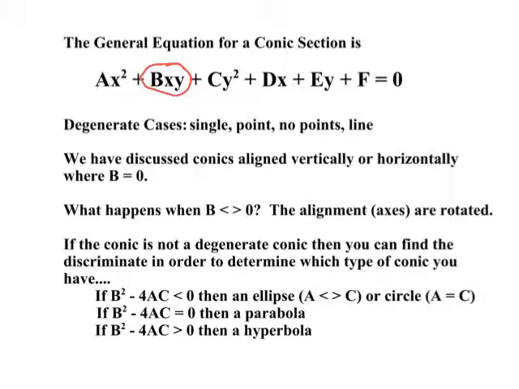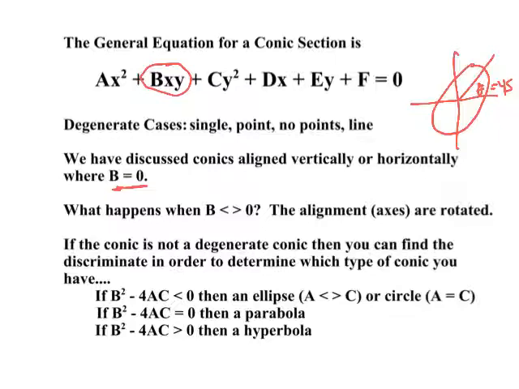And so what that means is when b is 0, those conics are aligned directly vertically or directly horizontally. Notice we never had an ellipse that was at a 45-degree angle. It was always just straight up and down or straight right and left.